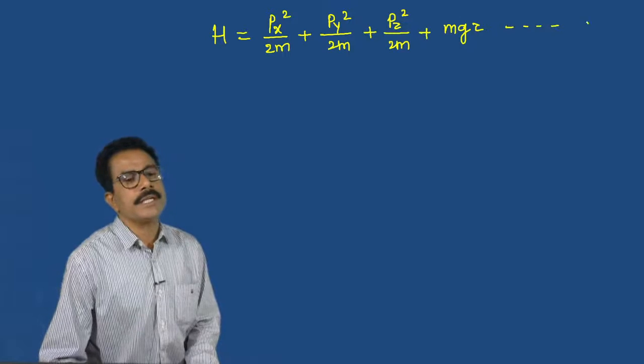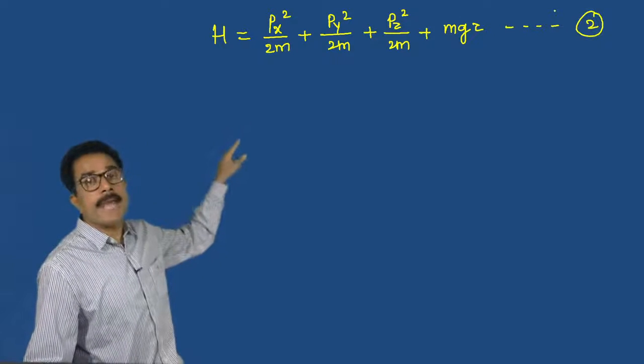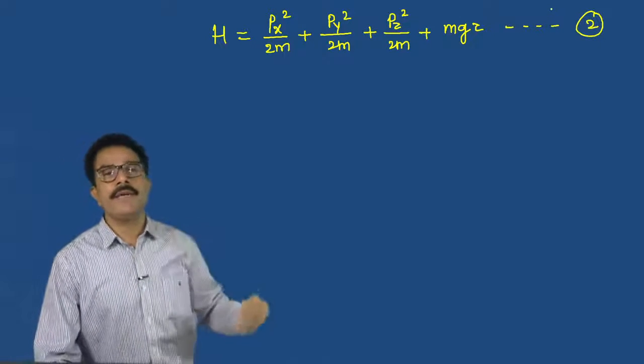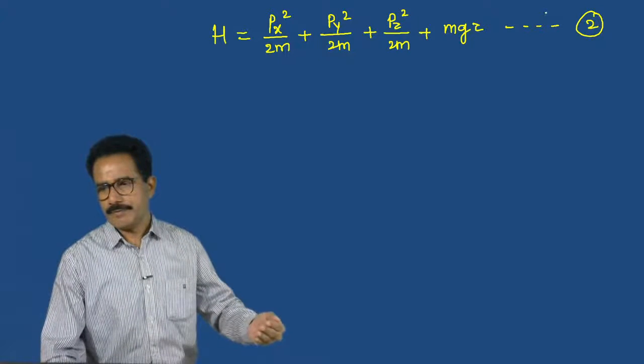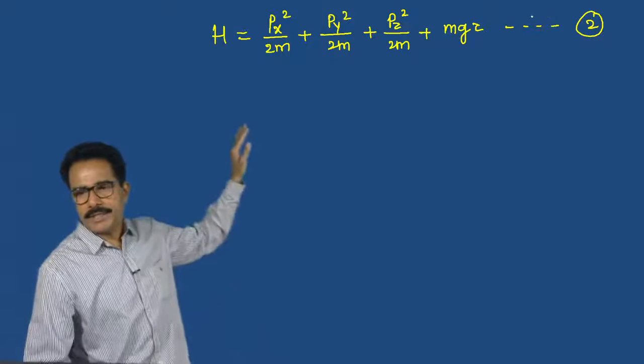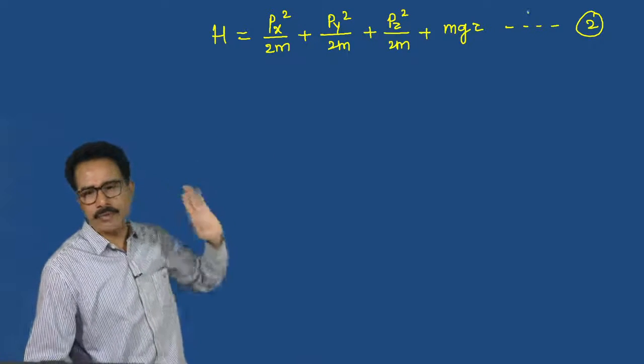This is the Hamiltonian in the form of generalized momentum.